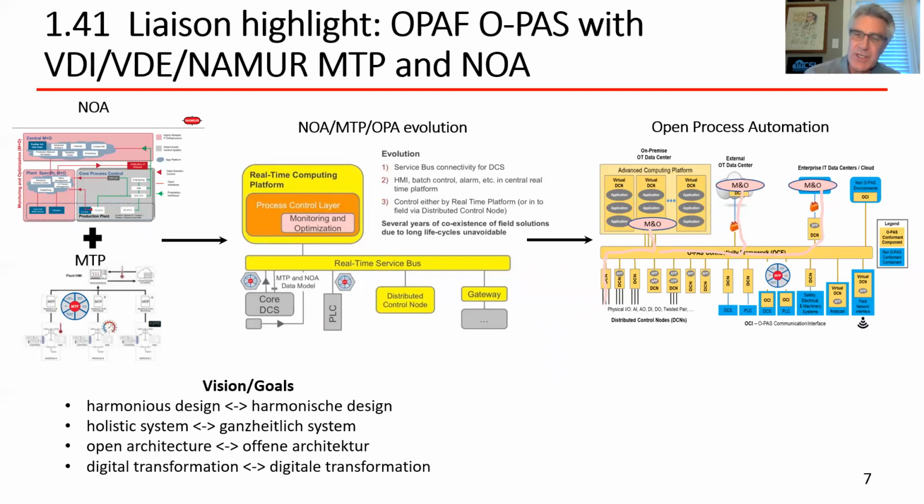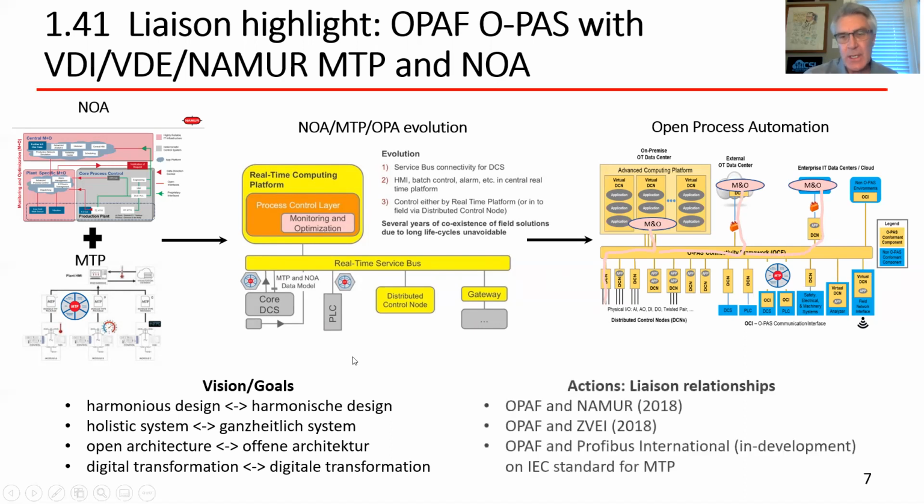So these aren't just idle words, and I want to back up with action what we've been doing to try to align and harmonize these initiatives for improvement. And that's why I use this liaison relationship as the highlight here. So in 2018, the Open Process Automation Forum established formal liaison relationships with NAMUR and ZVEI.